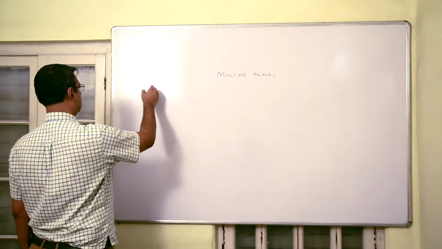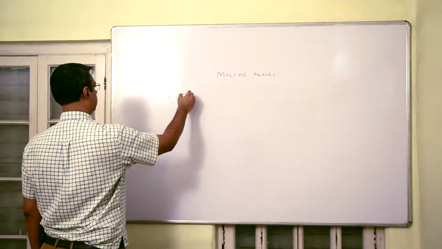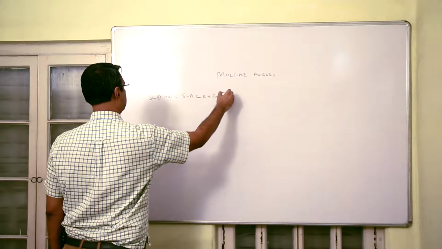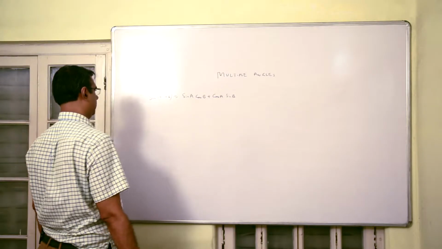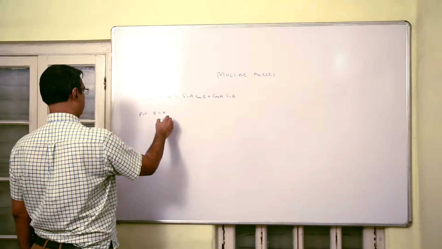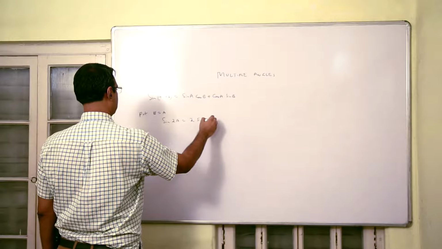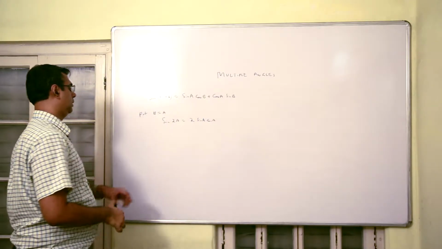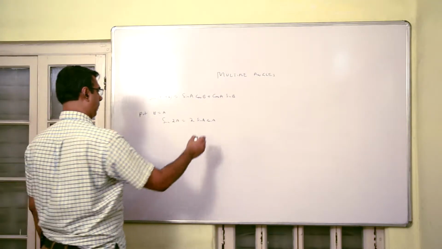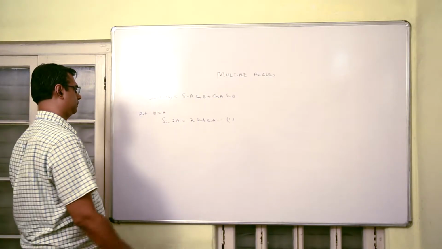Now you know that sin A plus B is sin A cos B plus cos A sin B. In this formula, if you put B equal to A, then sin 2A is equal to 2 sin A cos A. This is the first formula of multiple angles.